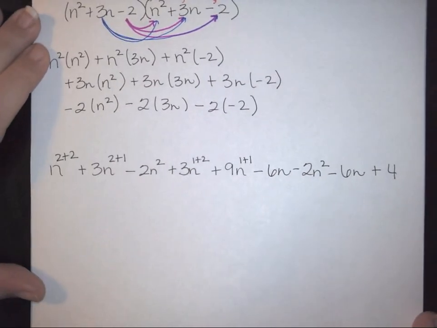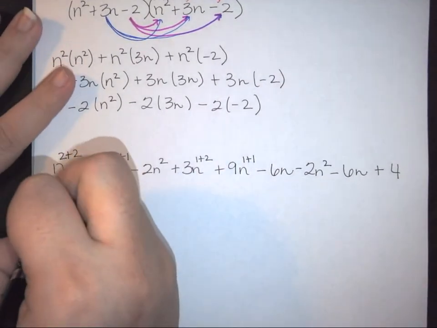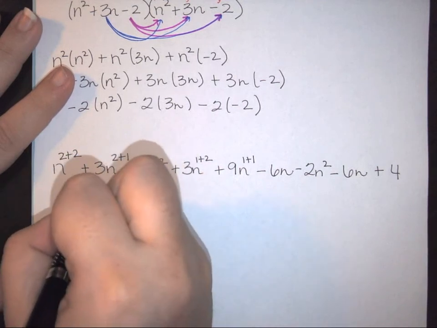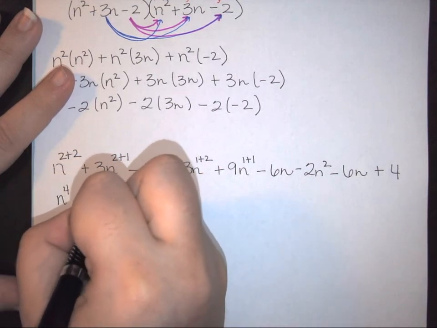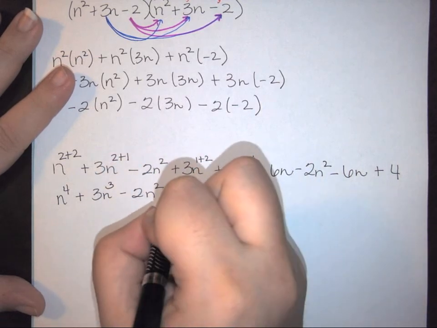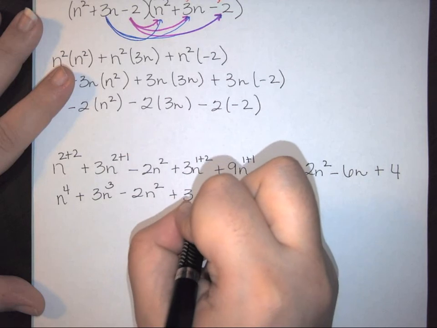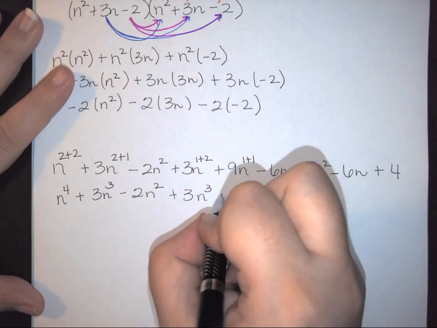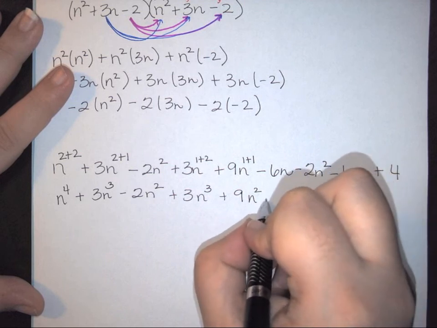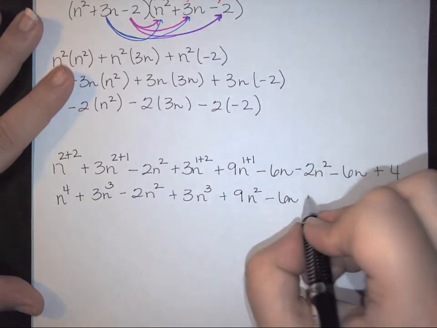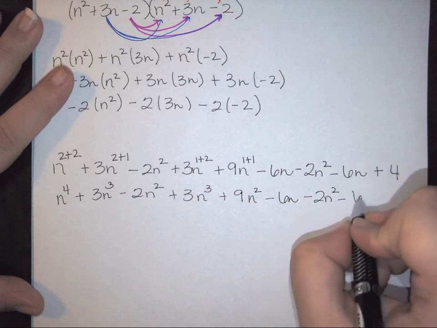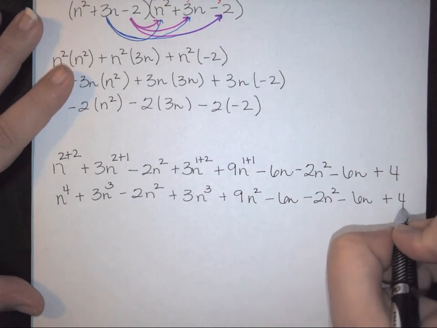Alright, let's start working on reducing. So 2 plus 2 is going to give me n to the 4th, plus 3n cubed, minus 2n squared, plus 3n cubed, plus 9n squared, minus 6n, minus 2n squared, minus the 6n, plus 4.